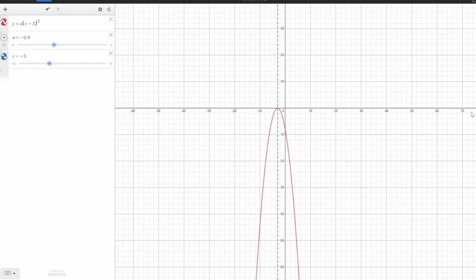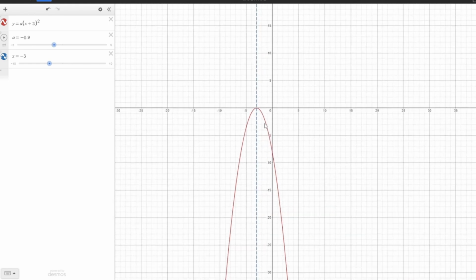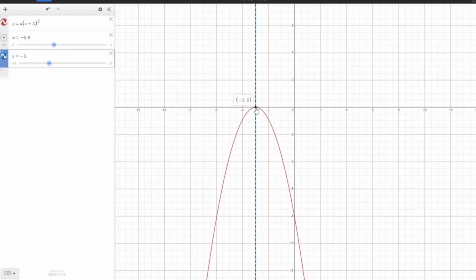So I can say that for my restrictions for the x values, x belongs to real, but then my restriction for my y values, so my range, would be that y has to be less than or equal to 0, since my vertex has a y value of 0.